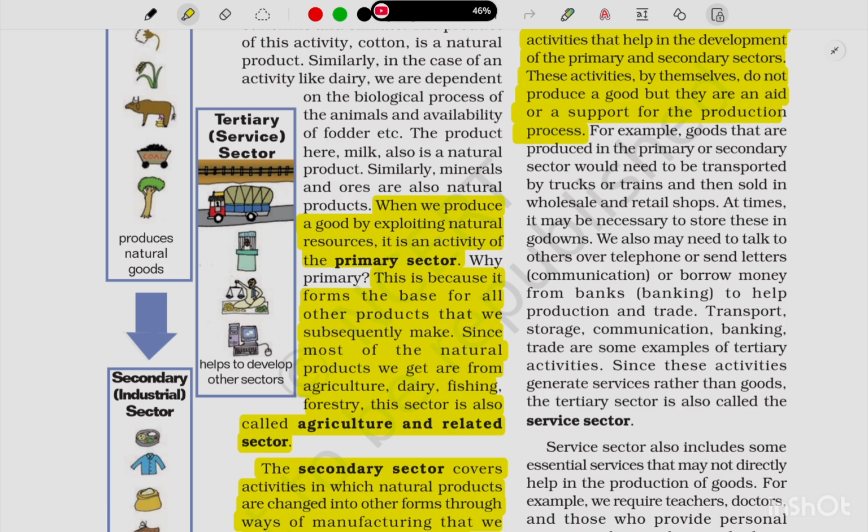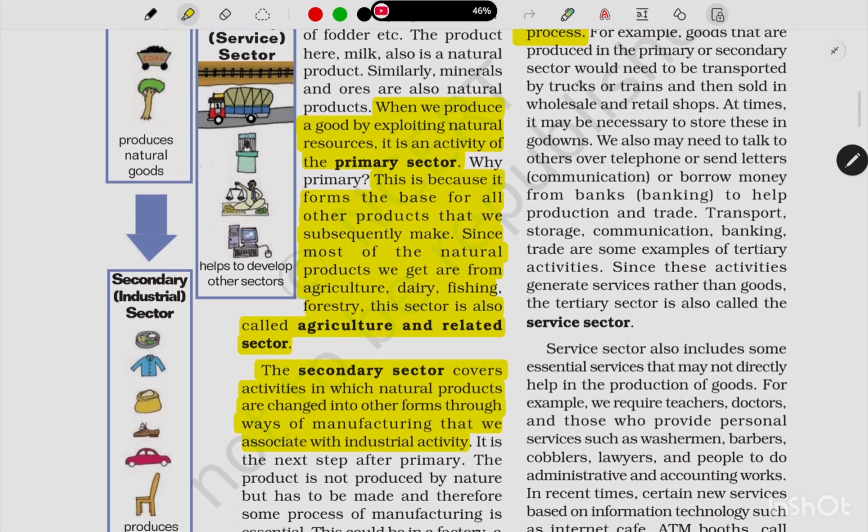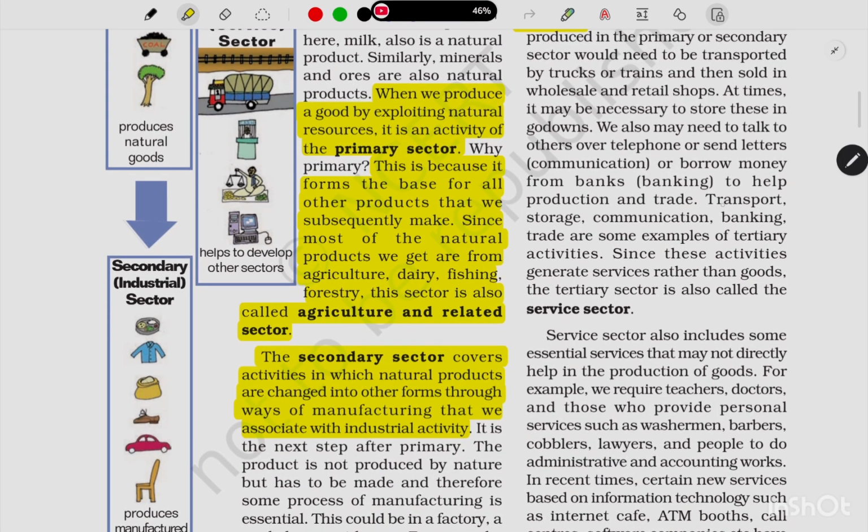We also may need to talk to others over the telephone or send letters or borrow money from banks to help production and trade. Transport, storage, communication, banking, and trade are some examples of tertiary activities. Since these activities generate services rather than goods, the tertiary sector is also called the service sector.